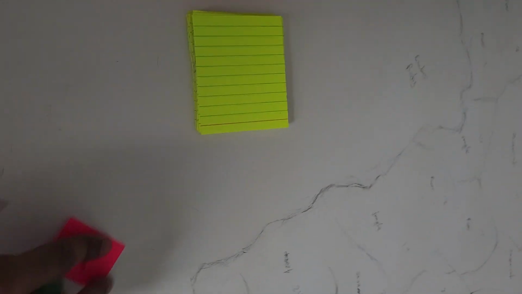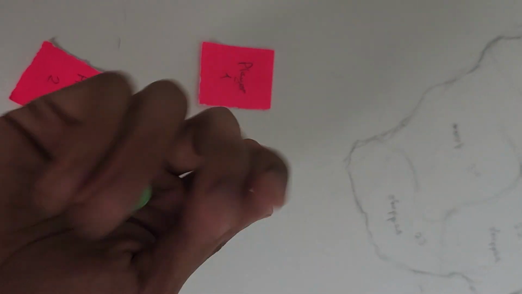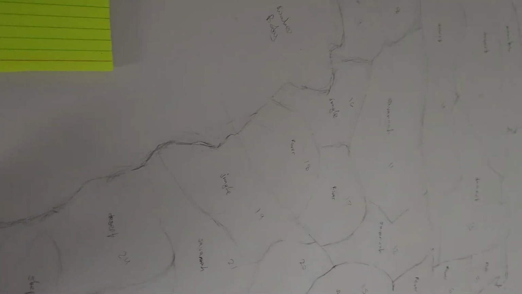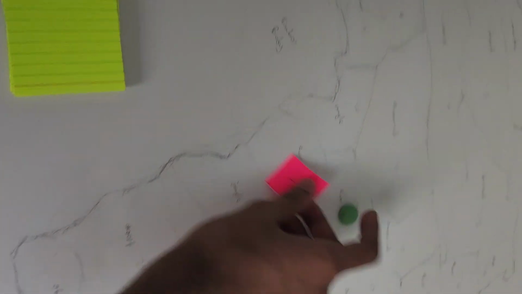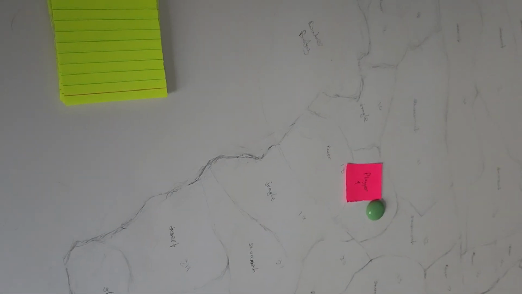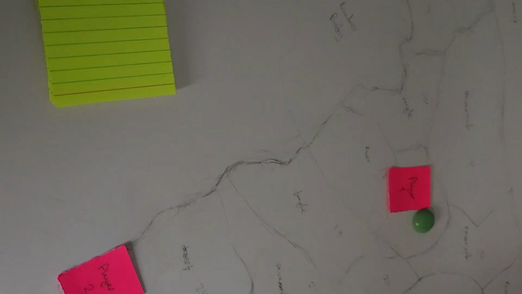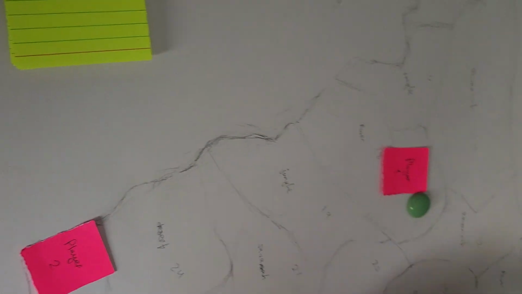Doesn't matter. So let's say player one is the crocodile for now. I'll indicate with the green token. Let's say they start right here. That's their territory token and the player. Then let's say player two goes here, player three is up there.